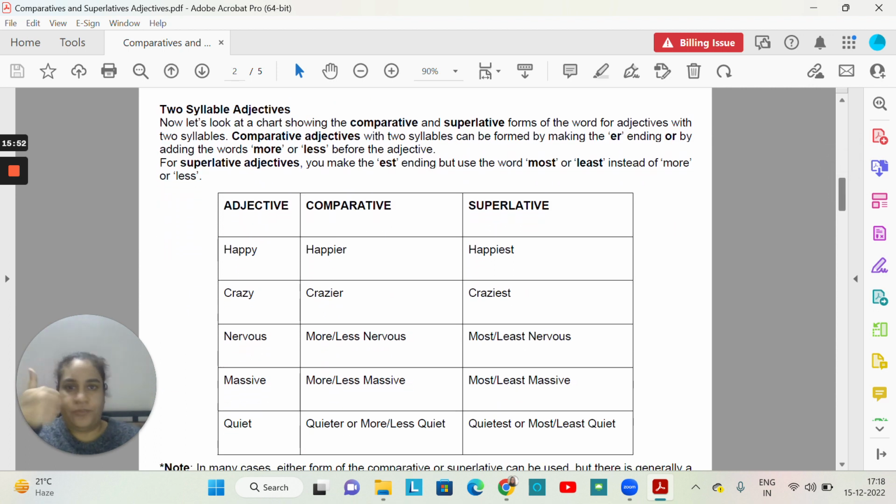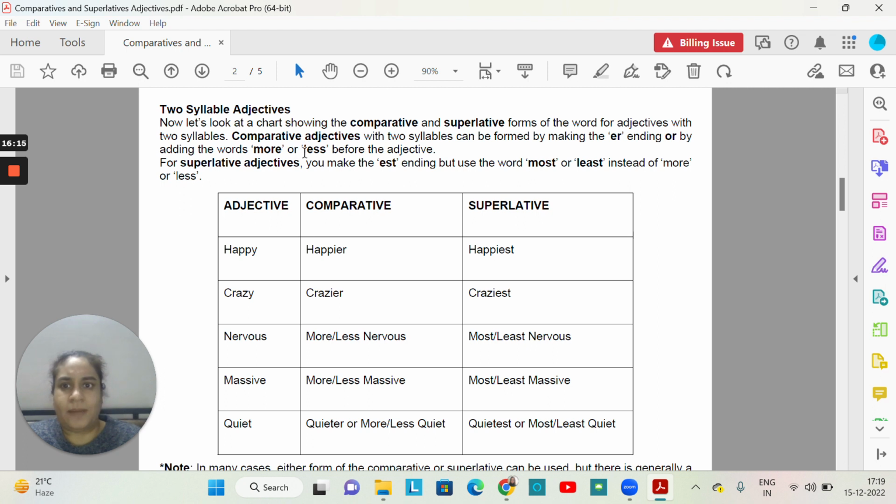Now, we did one syllable adjectives. That means only one vowel sound in the word. Now let us come to two syllable adjectives, where you can hear two vowel sounds in a word. Then what happens? How do we make the changes? Okay, so over here we have a chart.